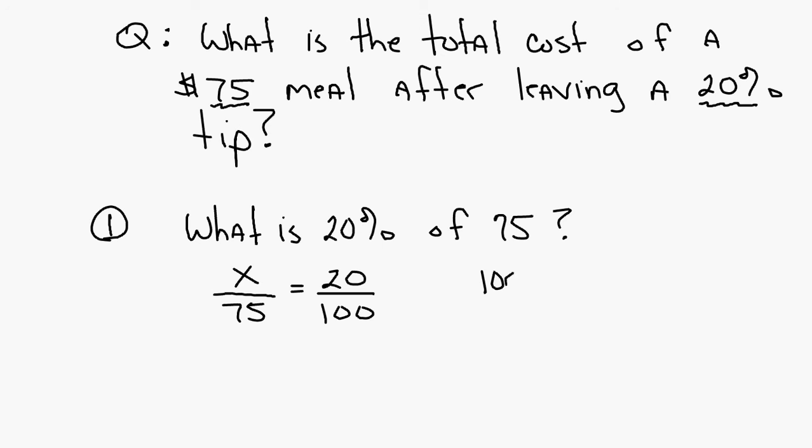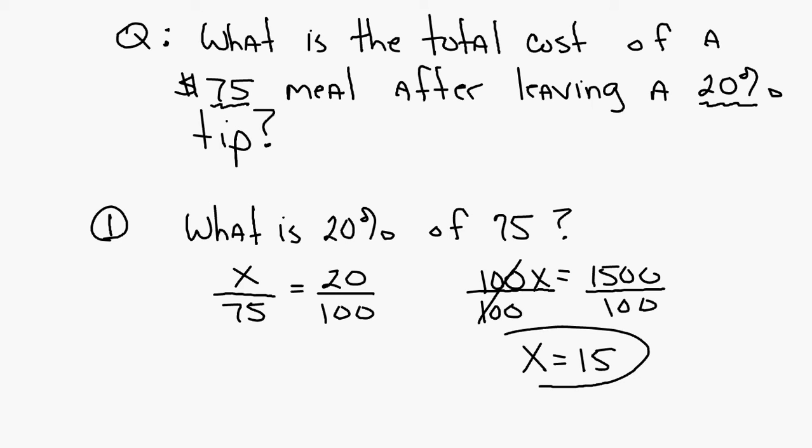So 100x is going to equal 75 times 20. It's 1,500. Divide both sides by 100. X is equal to 15. So $15 is the tip.